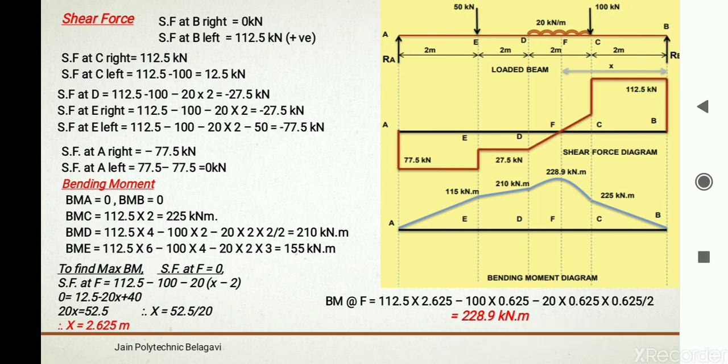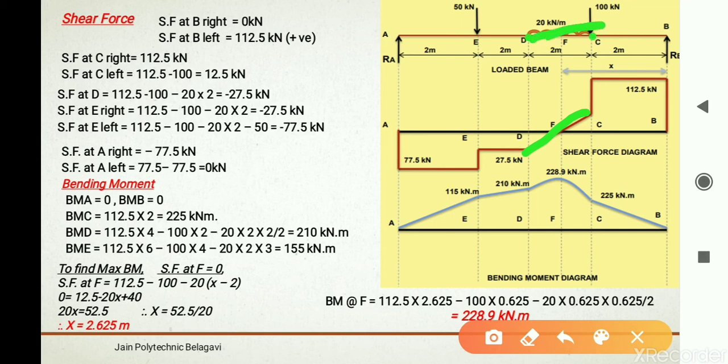This inclined line passes from D to C because in between D to C there is UDL loading. That is why an inclined line should be drawn in the SFD. And in the bending moment diagram, you can observe there is a parabola in between D to C.